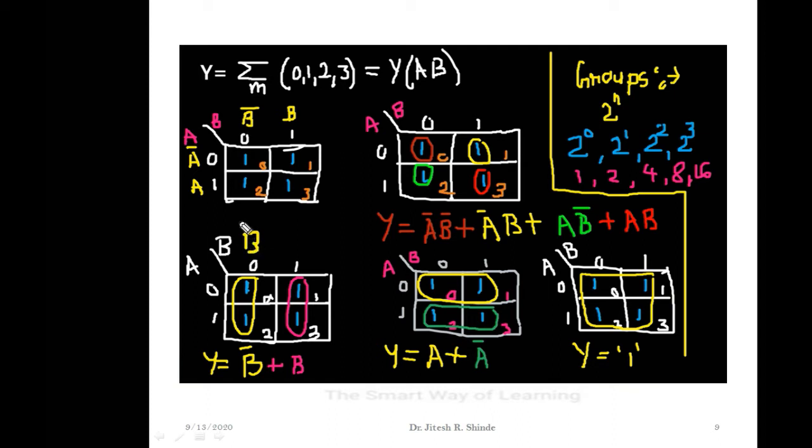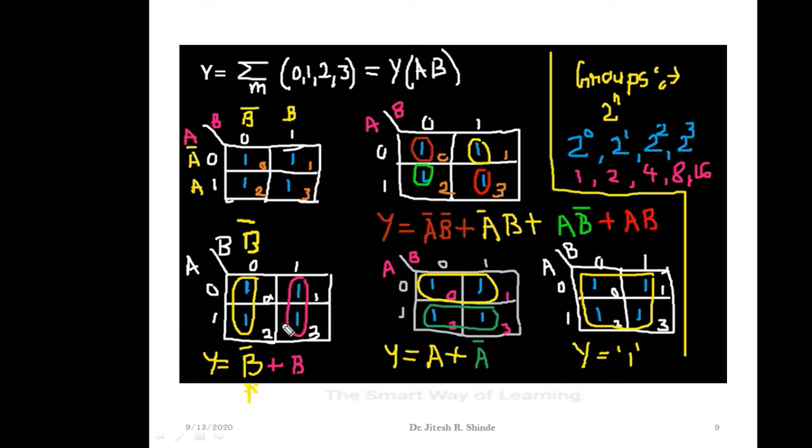Here 0 is changing to 1, so nothing is common row wise. Column wise, the common term is 0, and 0 we represent by B bar, so I write B bar as the first min term.